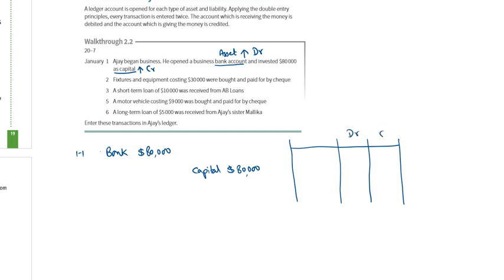Here is the debit and credit, and here are the accounting items. Number 1 is bank. Bank is debit, so we will write 80,000 here, and we'll write the capital 80,000 credit. So it's up to you. Either you can write in this form or in a format form.